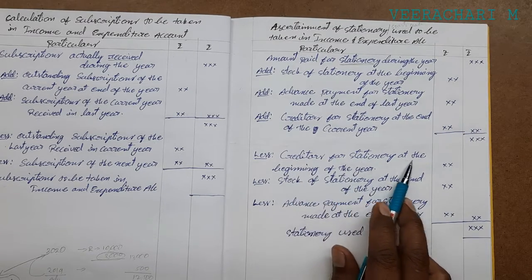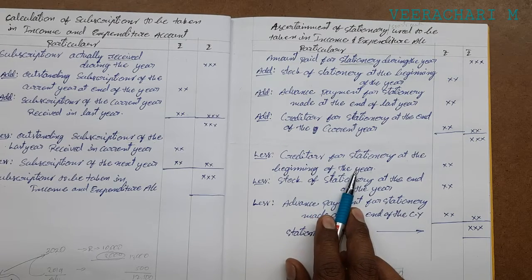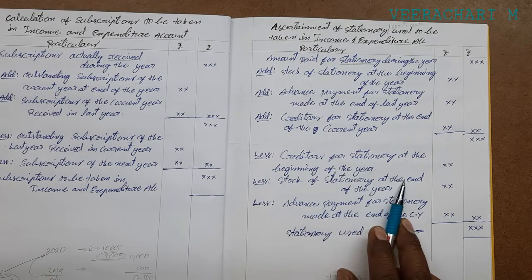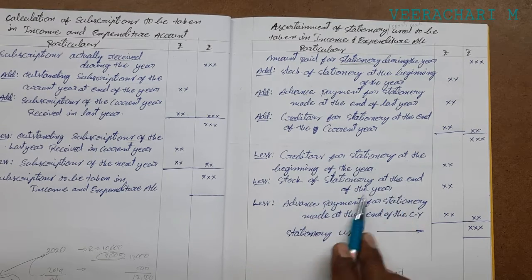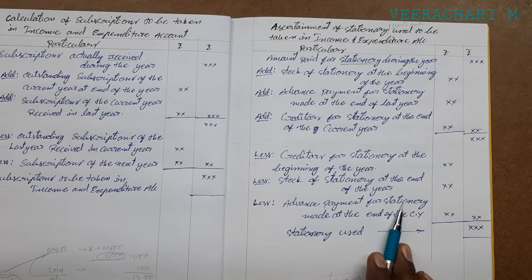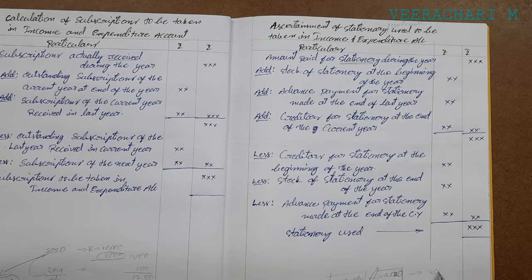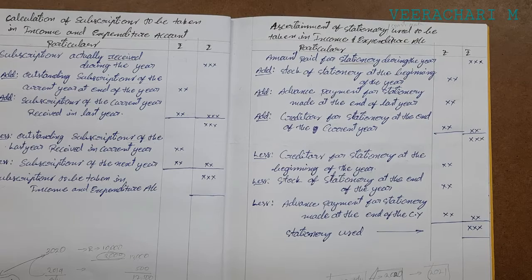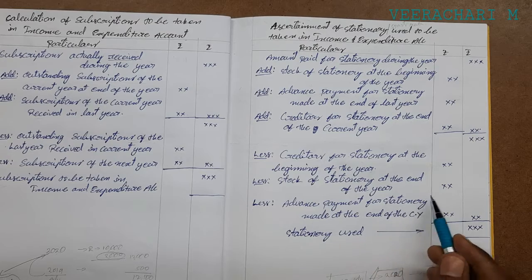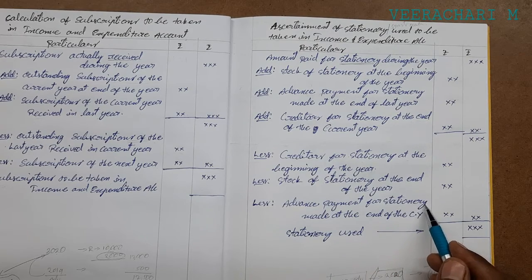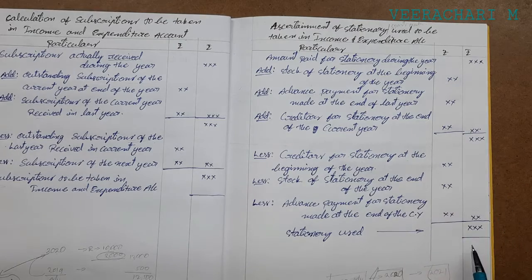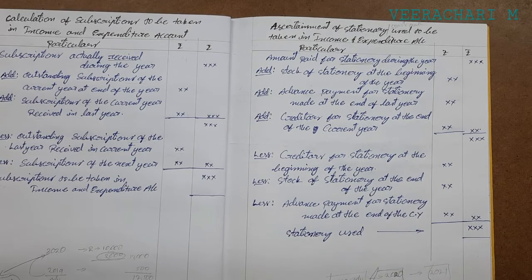Current year advance means a 2020 advance is related to 2020-21, but not the current 2020 expenditure. That is the reason any advance payment for next year should be deducted from current year payments. Then you will get stationery used.